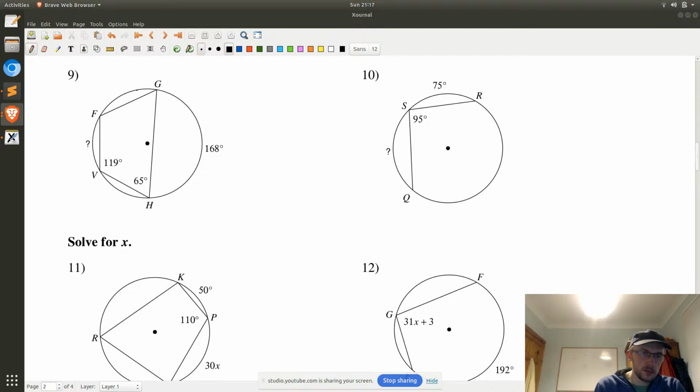Cyclic quadrilateral. The opposing angles in a cyclic quadrilateral add up to 180. So 180 take 65 is 115. And then 180 take 119 is 61.